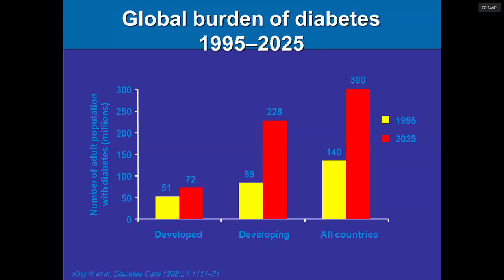By 2025 more than 300 million will be suffering from diabetes all over the world. I think this figure will be much higher than this. It increased by 41% in developed countries, and in developing countries by 156%. And all over the world the increment will be about 1.2%.